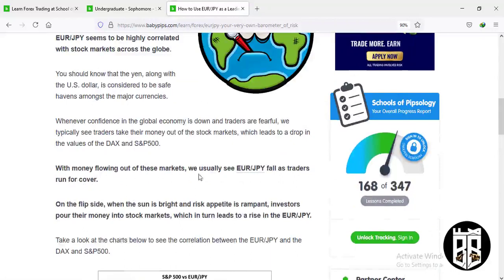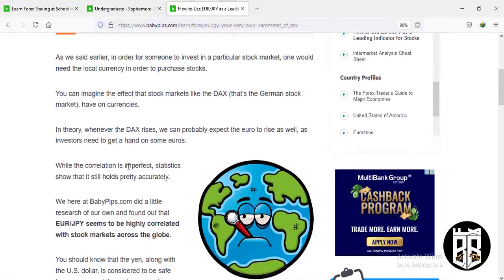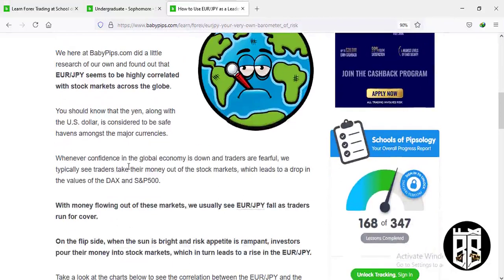If the EUR/JPY is climbing, that shows that the stock market of that particular country is also doing well, so investors are investing in the Eurozone. Now, if the EUR/JPY is falling, as traders run for cover because the Eurozone economy is not doing well, what will happen?